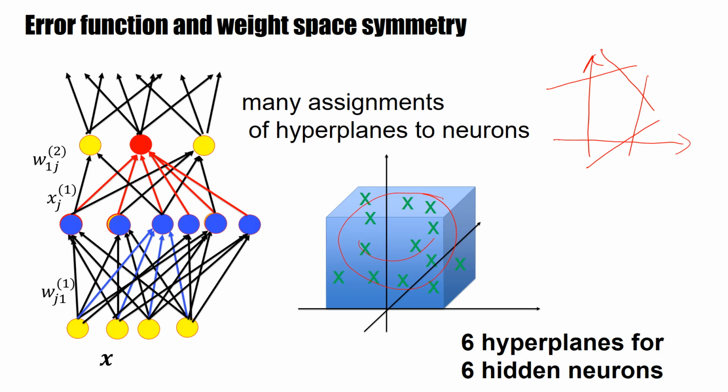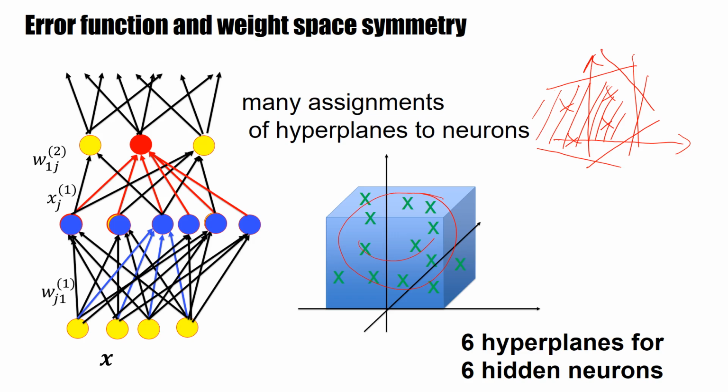So this is my 4th hyperplane, this is my 5th hyperplane, and maybe this is my 6th hyperplane. And so I could separate this kind of space against the rest with all the positive examples lying in here.